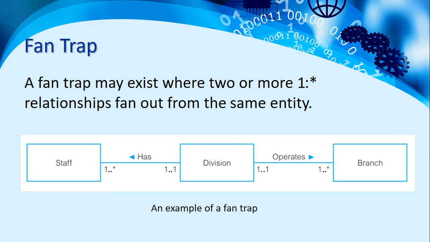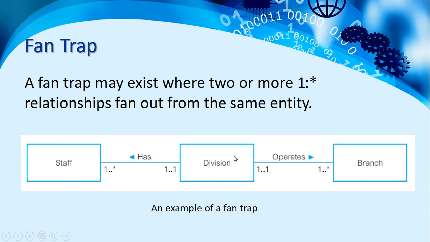So we have here what is called a fan trap. What is a fan trap? It's a trap that may exist where two or more one-to-many relationships fan out from the same entity. For example, as you notice, the staff and the division have a relationship. What kind of relationship? Many to one, or one to many.